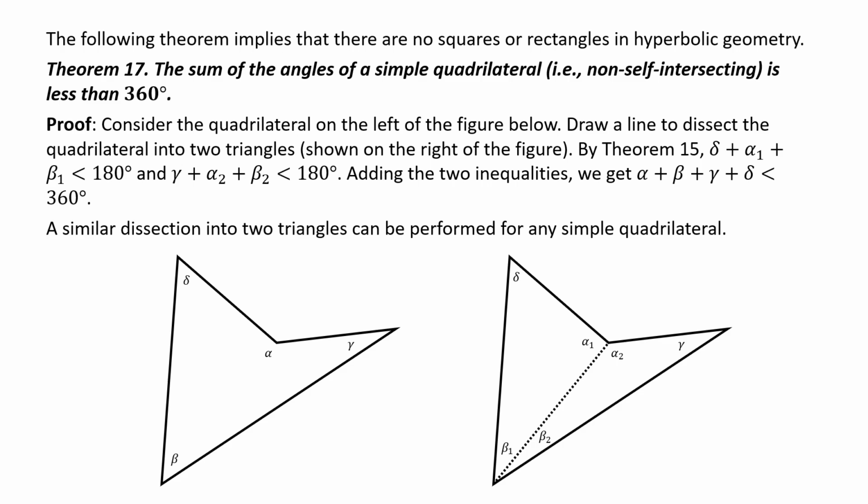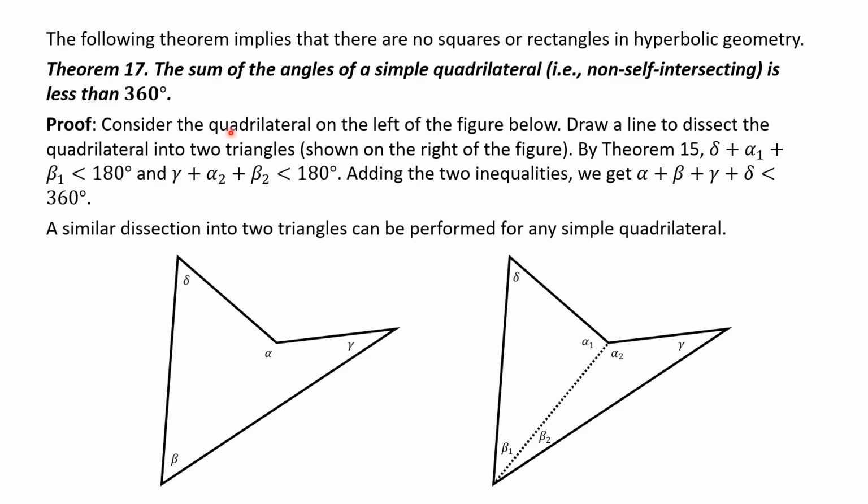The following theorem implies that there are no squares or rectangles in hyperbolic geometry. So here's our theorem. The sum of the angles of a simple quadrilateral, in other words, a four-sided, non-self-intersecting figure, so you don't have any of the edges intersecting another edge, is less than 360 degrees.